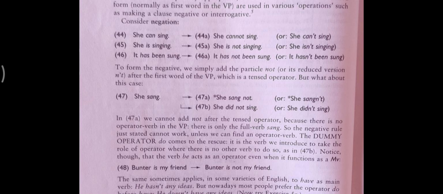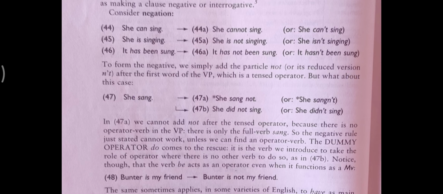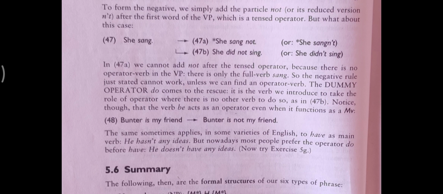She sang. Here we have to introduce the operator, dummy do. Dummy do comes to our rescue. See, sang is a past tense, so we can use the do form did, the past tense form of do. So we can use did because there is no operator verb, and we can definitely make the negative.